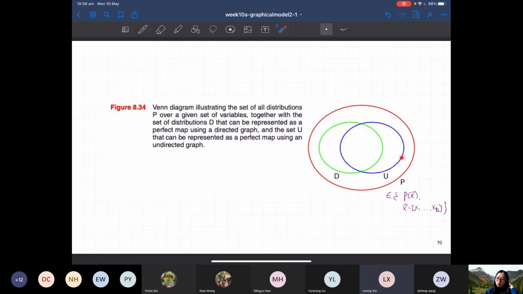And then the blue circle represents all possible MRFs over the same set of nodes.